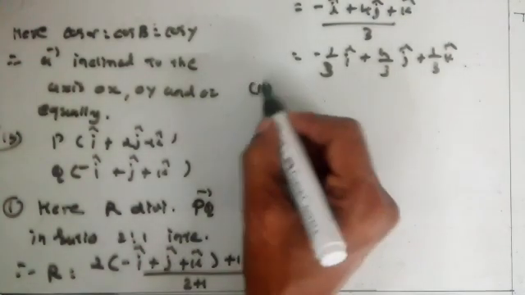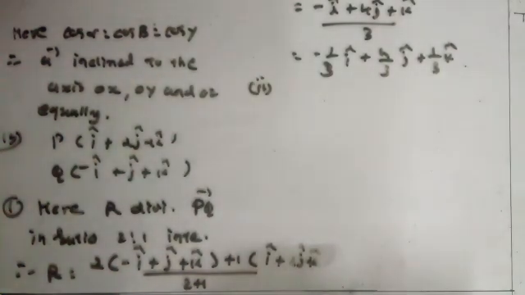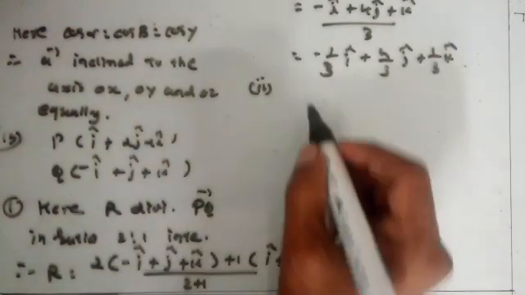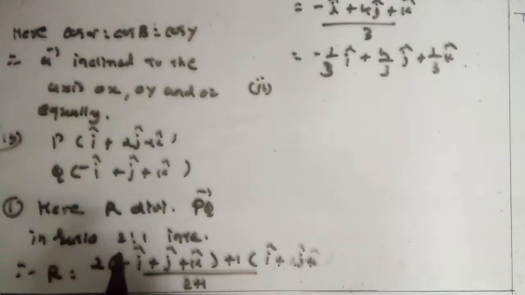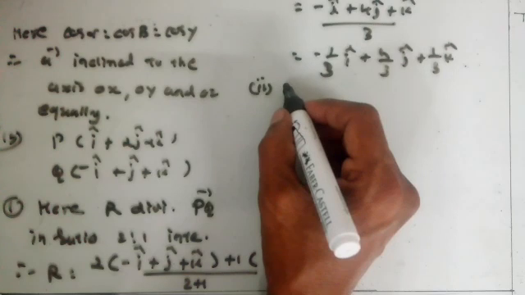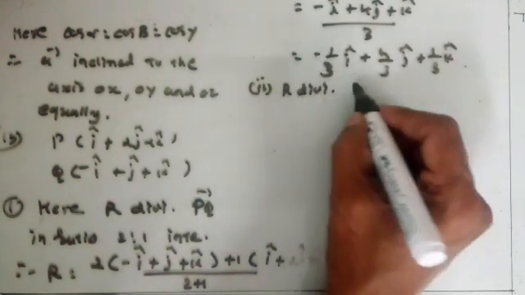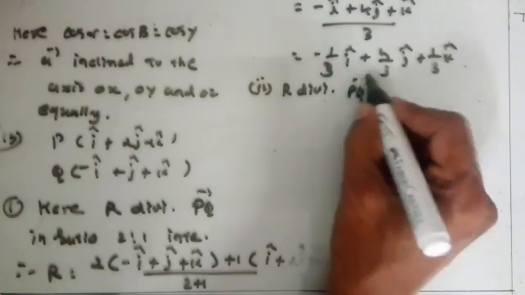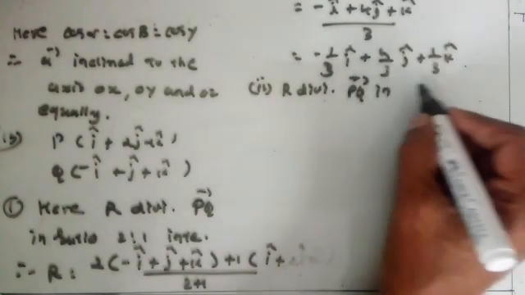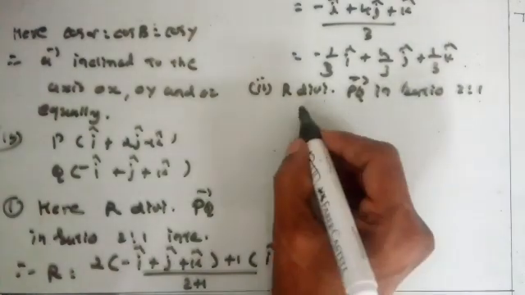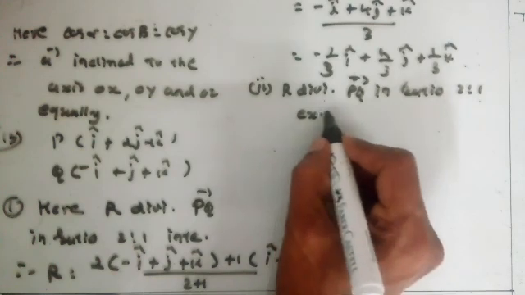Similarly, the position vector of R which divides PQ in the ratio 2:1 externally. In external division, here we take a minus. R divides PQ in the ratio 2:1 externally.